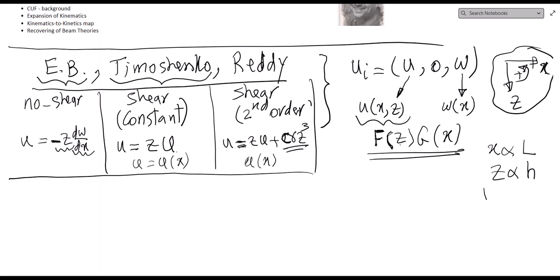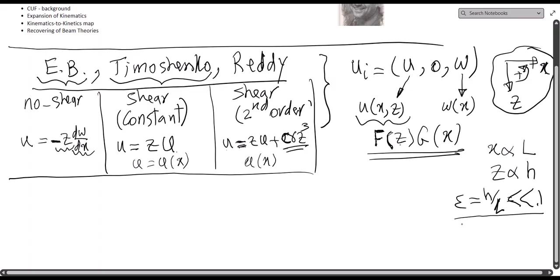And we know that H over L, if I call it epsilon, is very small. This slenderness ratio justifies this separation.